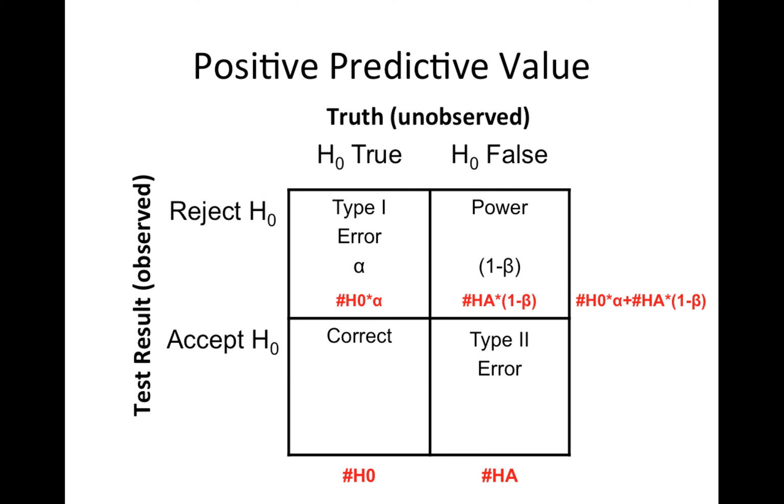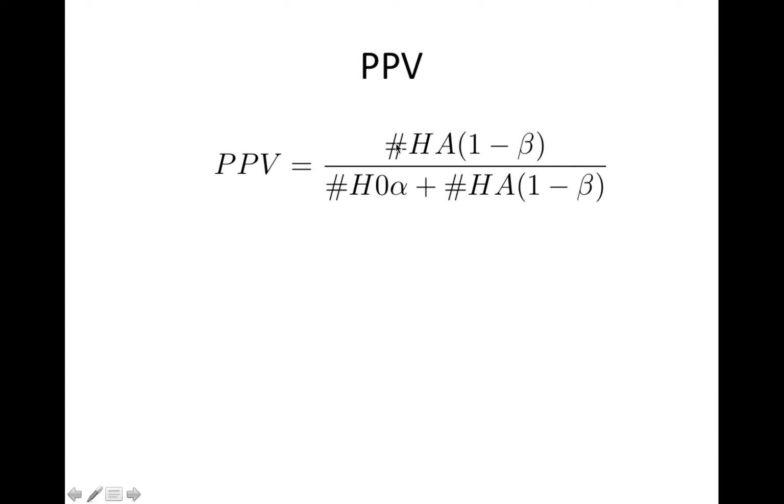Again, just to compare that to type 1 error rate and power: for type 1 error rate, the denominator was this number; for power, the denominator was this number. So now we're focusing on the row for positive predictive value. So it's the number of times the alternative is true times the power, over the number of times the null is true times the type 1 error rate plus the number of times the alternative is true times 1 minus beta.